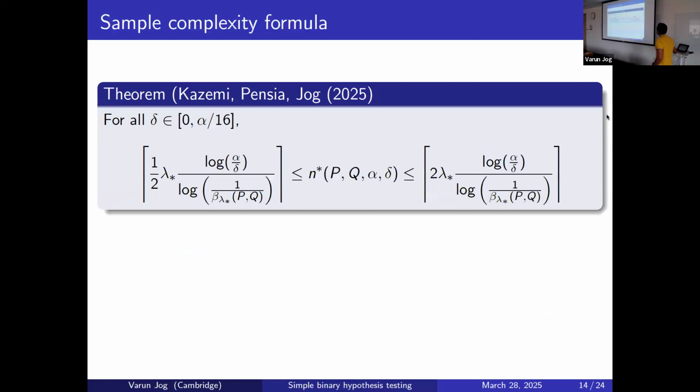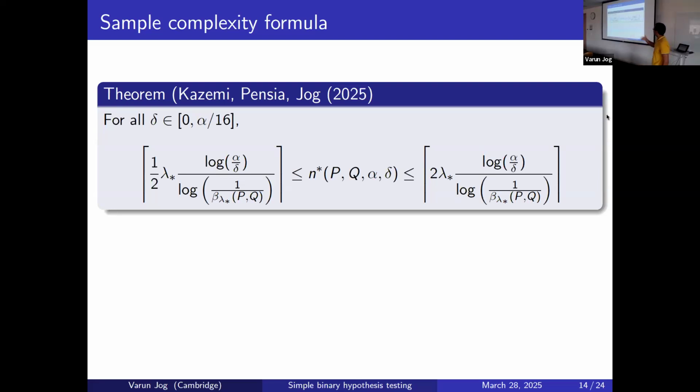Okay. So eventually, once you go through the calculations, you get this formula that the sample complexity, it's now a formula that works in all regimes. There are no 3 different formulas or anything. It's captured between some quantity, half of some quantity, and twice of some quantity. And now it's kind of clear why there were 3 different.